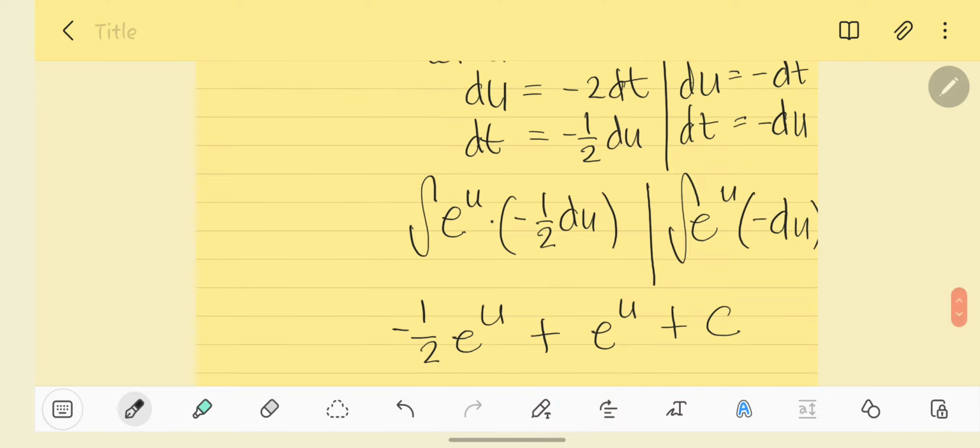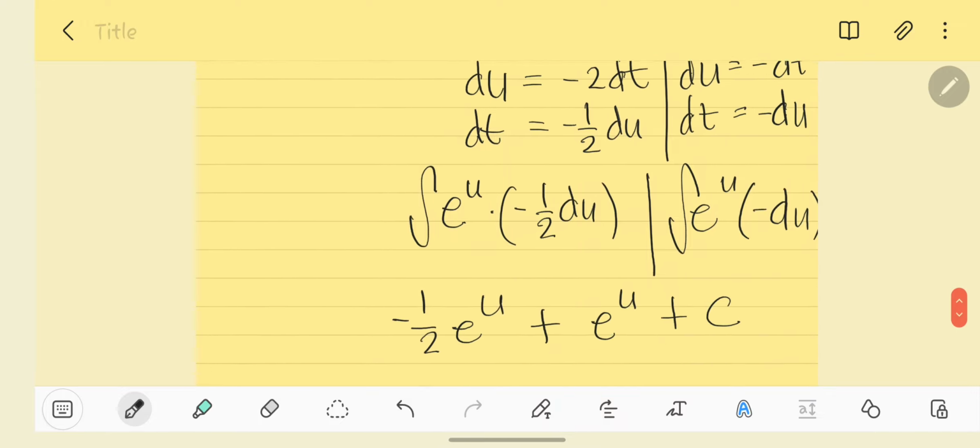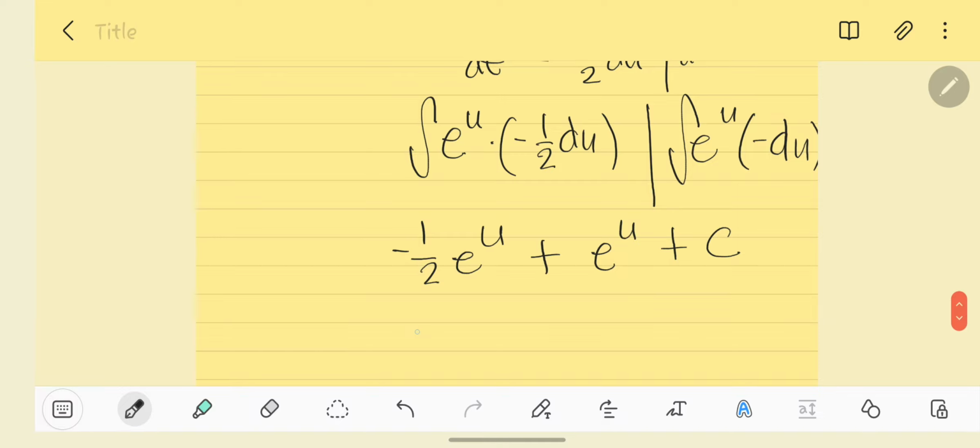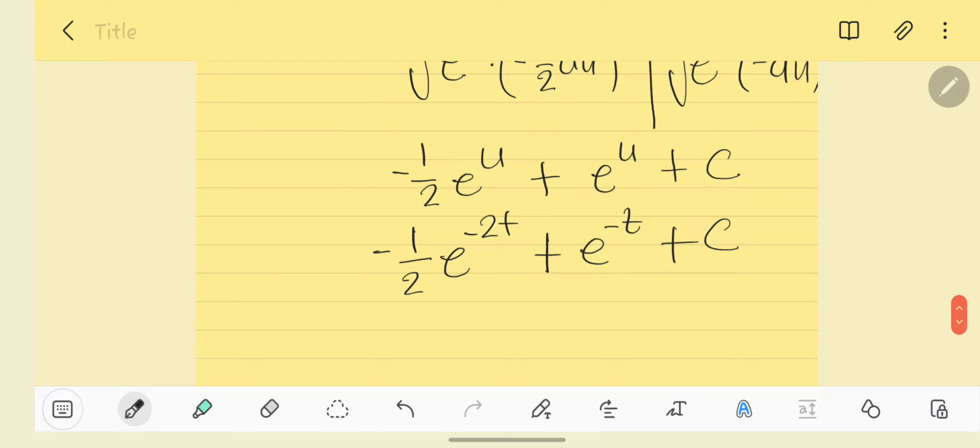We know that u is negative 2t for the first term, so we arrive at negative 1/2 e to the negative 2t plus e to the negative t plus c. This is equal to x.